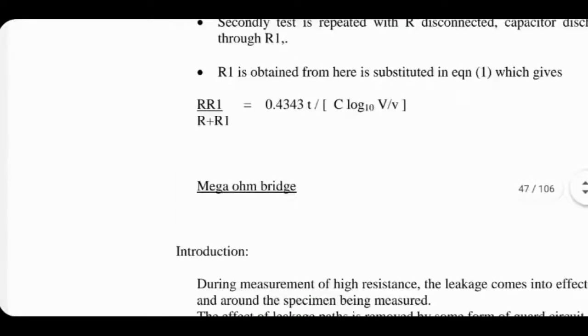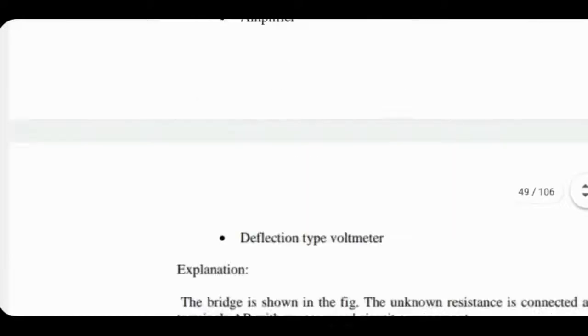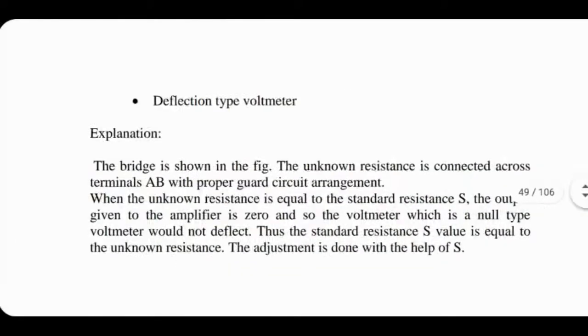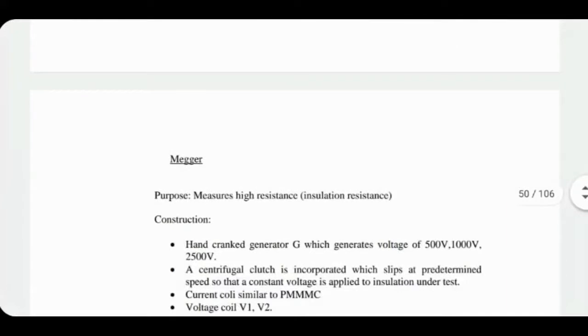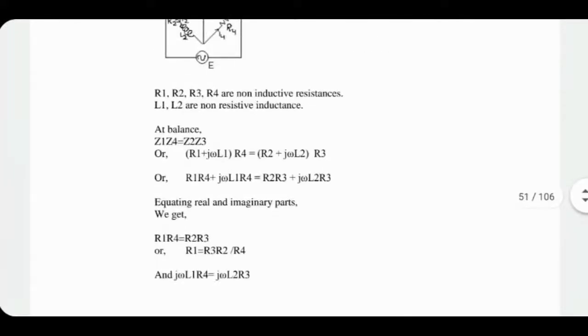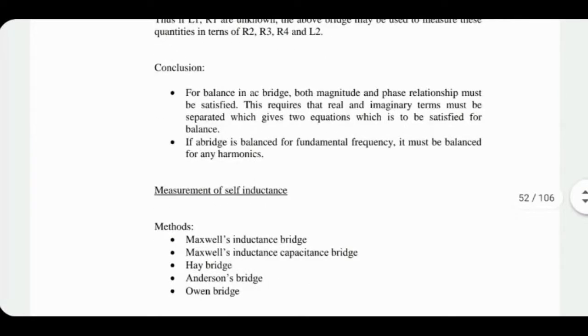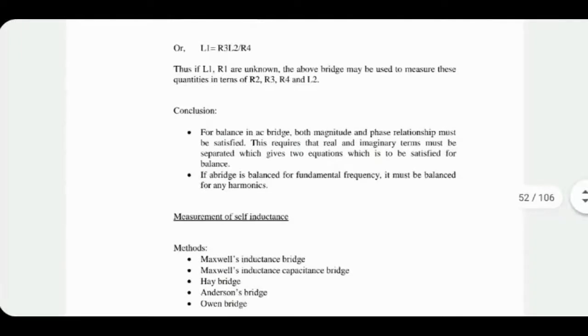So I'm quickly closing resistance measurement because there is a lot more in this document. I'll send you some more info about the Megger. Don't worry about the electrical schematic, you worry about how to operate it. Someday you will be using it in real life.